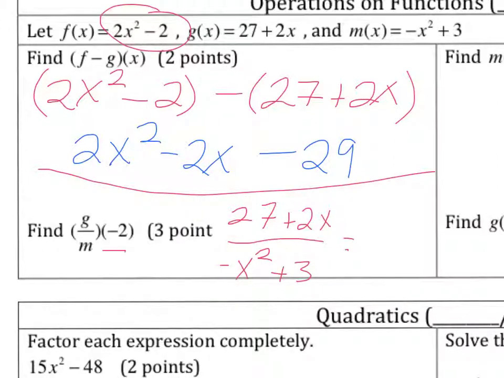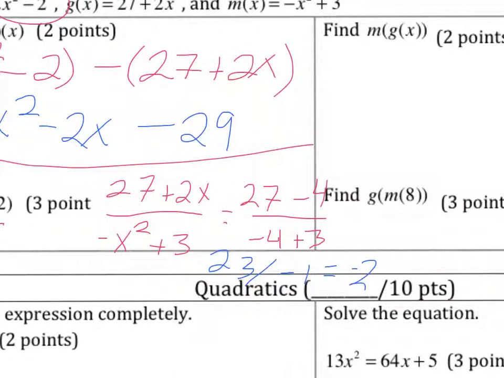Plugging in negative 2, because that's what that means, it's 27 plus 2 times negative 2, which is negative 4, over negative 2 squared, which is negative 4, plus 3. That's going to reduce into 27 minus 4 is 23. Negative 4 plus 3 is over negative 1. That equals negative 23.